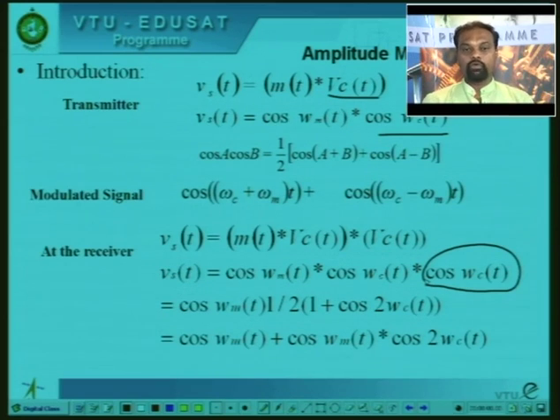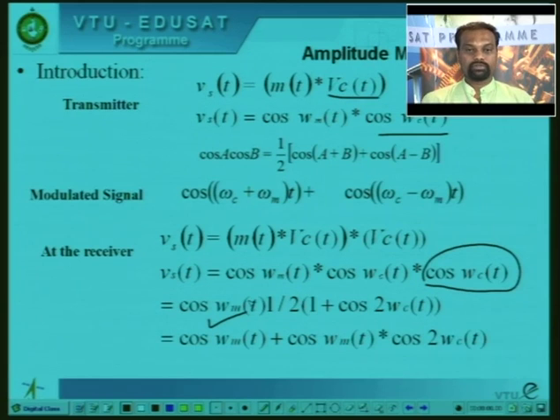Because of this, by assuming that the frequency and phase of the transmitting carrier and the frequency and phase of the carrier used at the receiver are identical, we are able to get back cos of omega mt, that is the modulating signal, at the receiver.